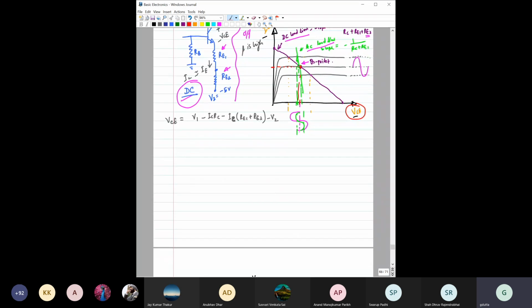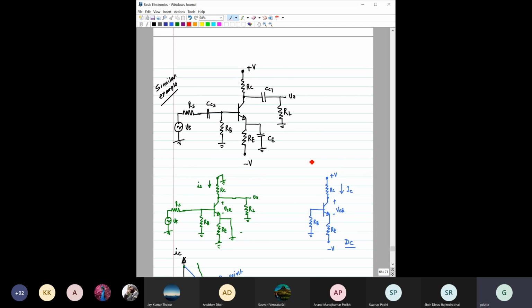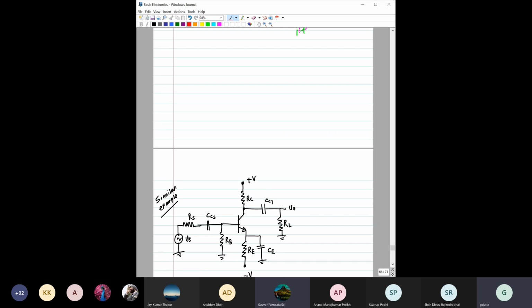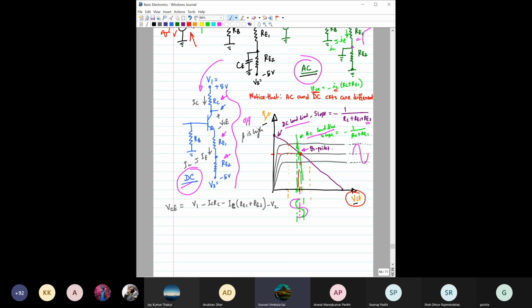If this part is clear, let us jump into one more quick example. Sir, in the previous one, which gain shall we consider? There are two gains, right? For the AC signal, the green one, it should be the AC small signal gain only, no? So for that you should consider the AC load line only, not the DC one.